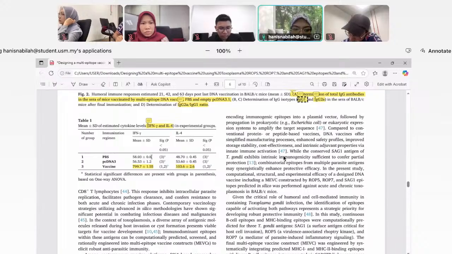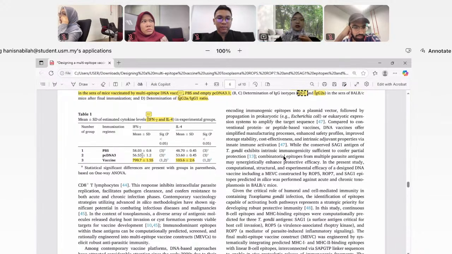So both results showed a decrease in the mRNA for toxoplasma in both interferon gamma and interleukin 4, because this one they did real-time PCR. This one is the cytokine level.